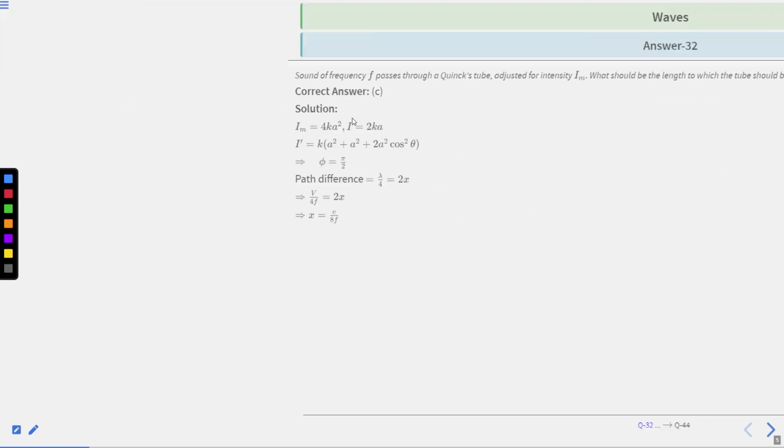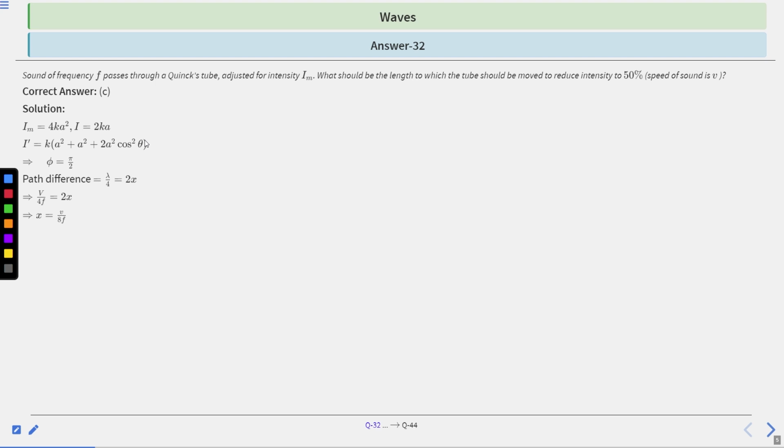Let's find the solution. So, we know Im, adjusted for intensity, is equal to 4Ka square, and I is equal to 2Ka. So I prime is equal to Ka square plus 2a square cos square theta, where phi is equal to pi by 2. Path difference lambda by 4 is equal to 2x.